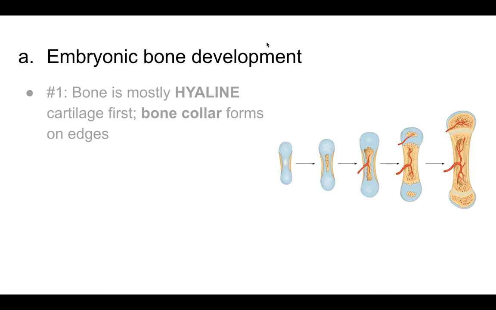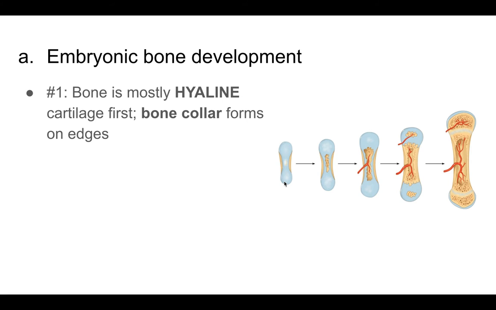And we're going to call the first image right here number 1, and it should already be numbered as well. So in number 1, this stage of endochondral ossification, here's what's happening. Your bone, quote, bone, is mostly made of hyaline cartilage. That's what all the blue represents in this diagram.